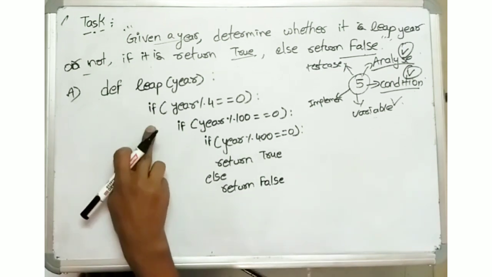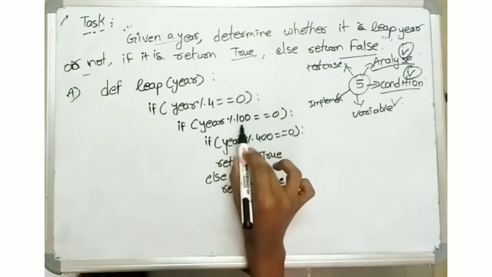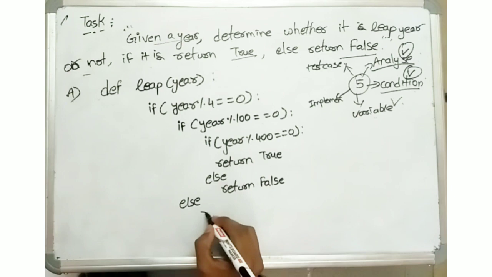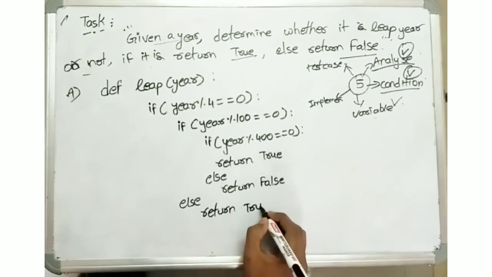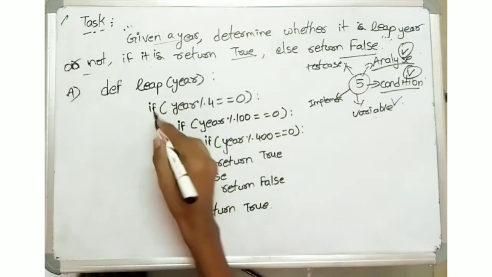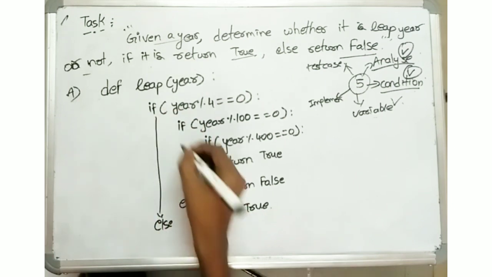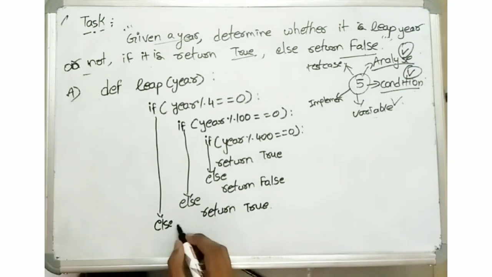If the year is divisible by 4, but it is not divisible by 100, what do we do? We just print it is a leap year, so we just return true. If the year is not divisible by 4 itself, what do we do? The else is under this if. What do we do?